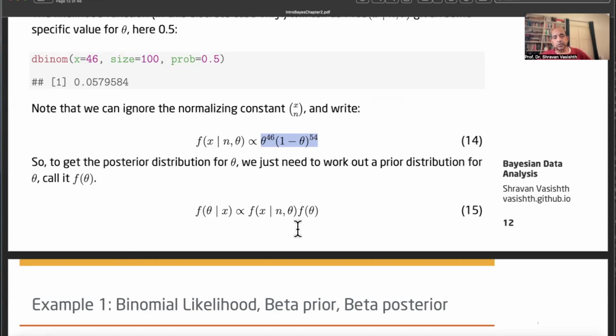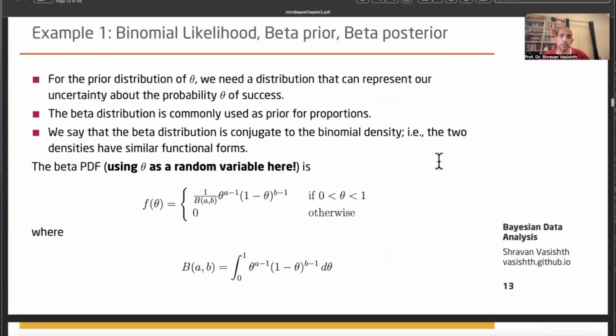The only thing that I don't know how to proceed with is how to define a prior on theta. So that's the next thing we're going to think about. We're going to have to decide on some distribution for theta that we can incorporate into our model so that we can carry out the computations for Bayes' rule. This prior distribution on theta is meant to represent our prior uncertainty about plausible values of theta.